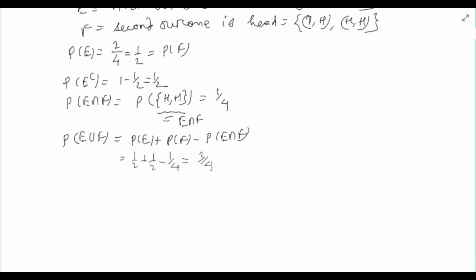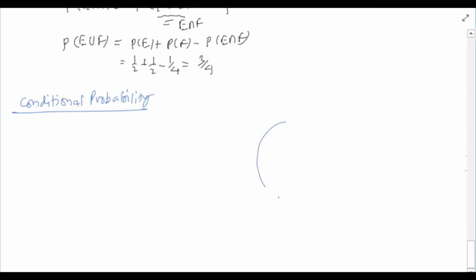The next notion that we will see is of conditional probability. Suppose we have a sample space omega.